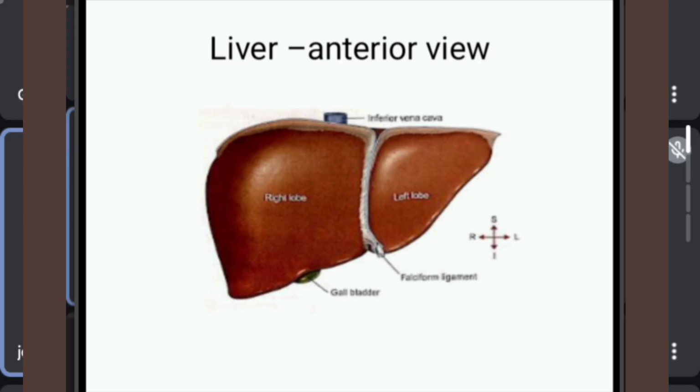Then you can see the falciform ligament. The falciform ligament will connect the liver with the diaphragm and the anterior abdominal wall. So those ligaments form part of the support of the liver.